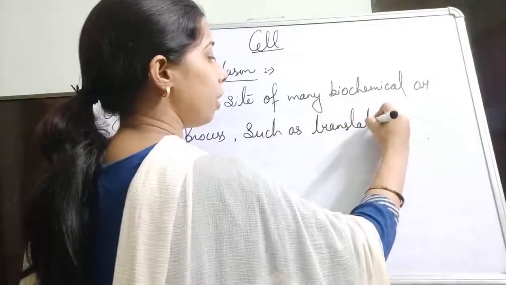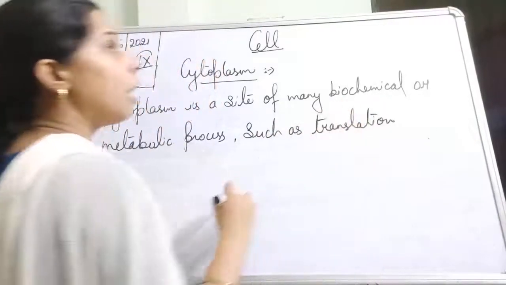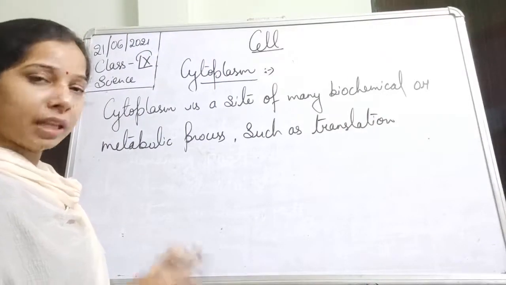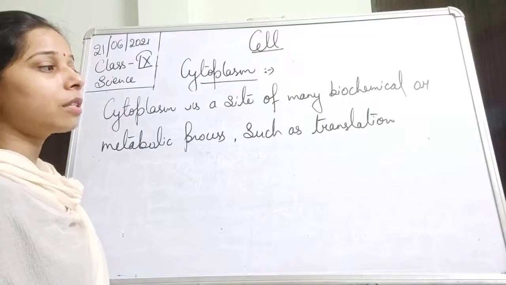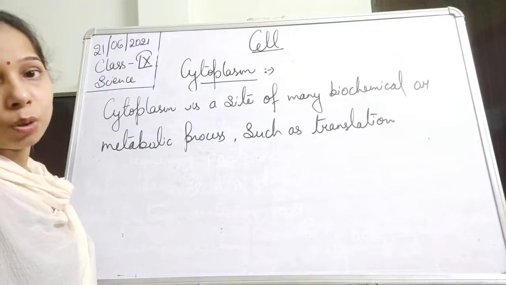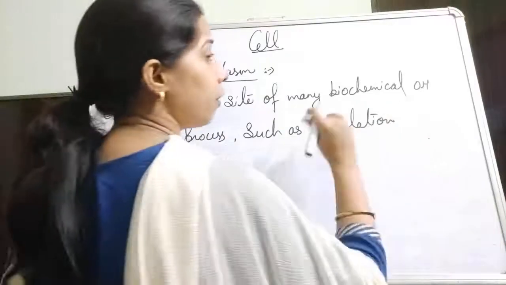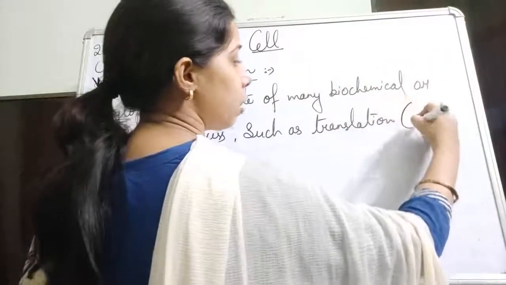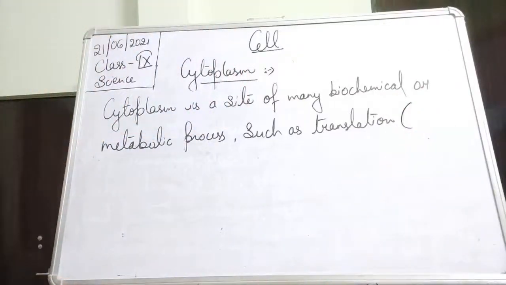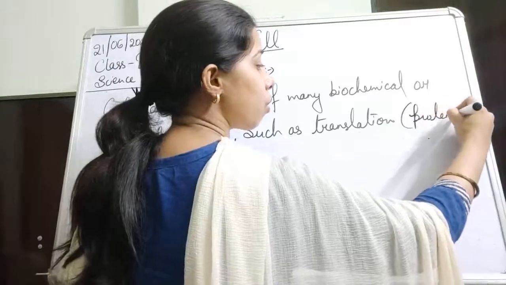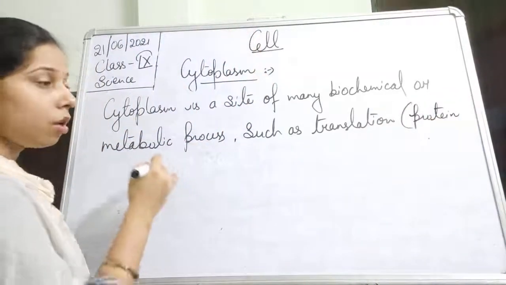translation. What is translation? Here a transcription process occurs in which DNA is converted to RNA, and another is translation, where RNA helps in protein synthesis. So DNA to RNA and then RNA to protein. Translation is the process of the synthesis of protein.